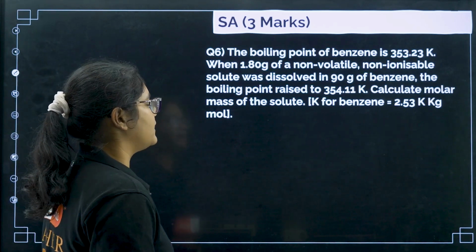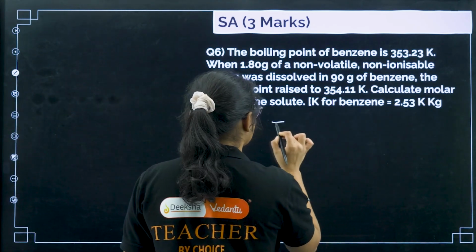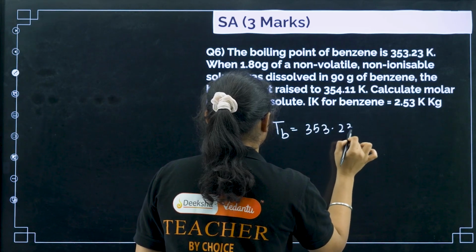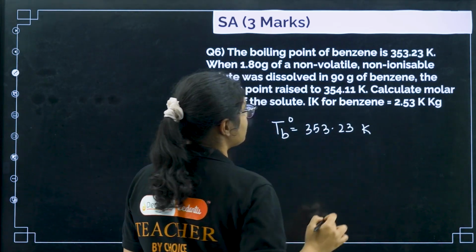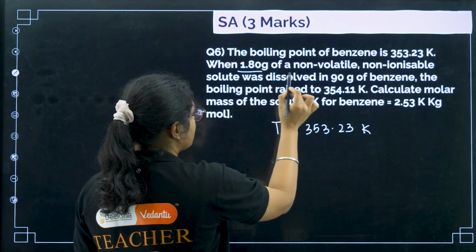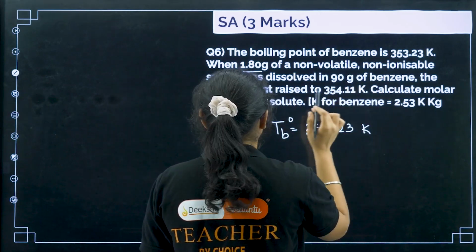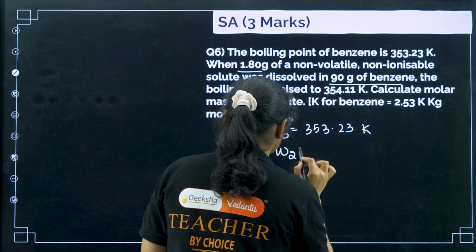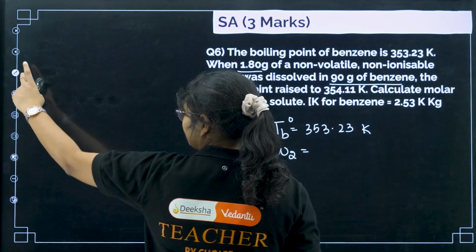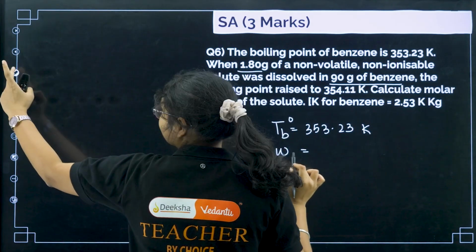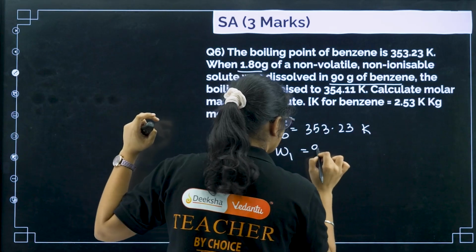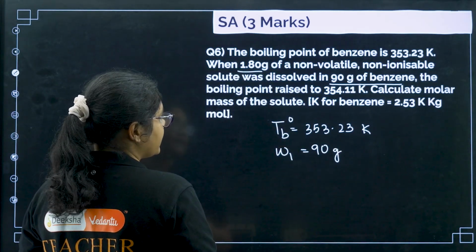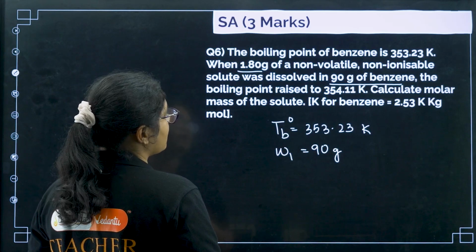The boiling point of the benzene is 353.23 Kelvin. So we have T naught B is 353.23, the boiling point of the pure benzene. When 1.8 gram of a non-volatile, non-ionizable solute was dissolved in 90 gram of benzene, W1, the boiling point rose to 354.11 Kelvin.